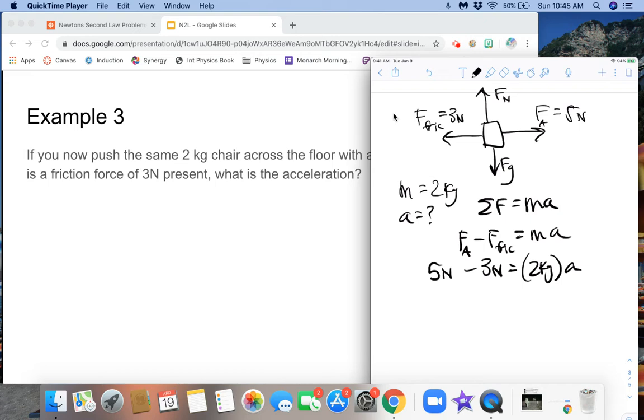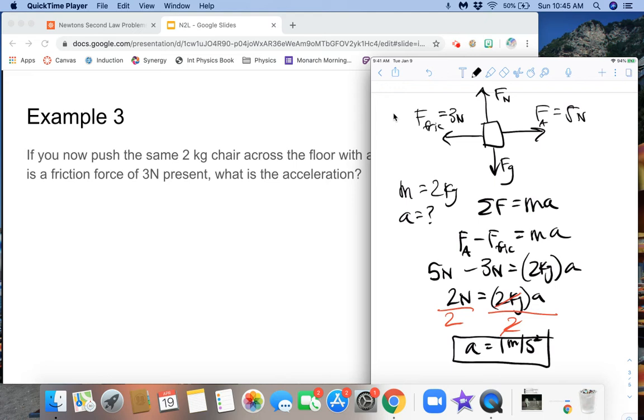It's just 2 newtons equals 2 kilograms times acceleration. I divide both sides by 2, which you probably already did in your head, but we'll just do it. 2 cancels out here, and we end up getting an acceleration of 1 meter per second squared. All right, and that's my answer.